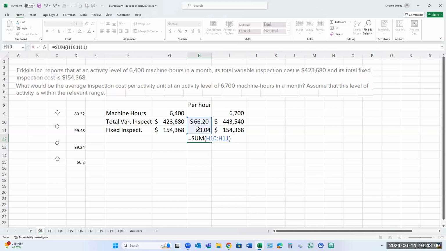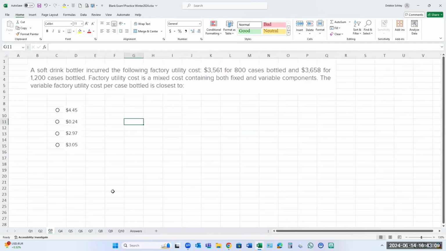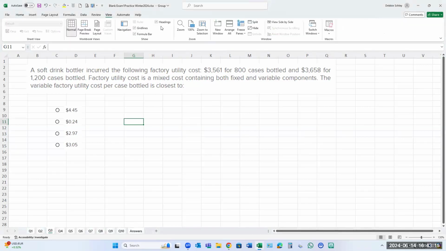There we go. So it's going to be the 89.24. All right. The view is just a little too small.